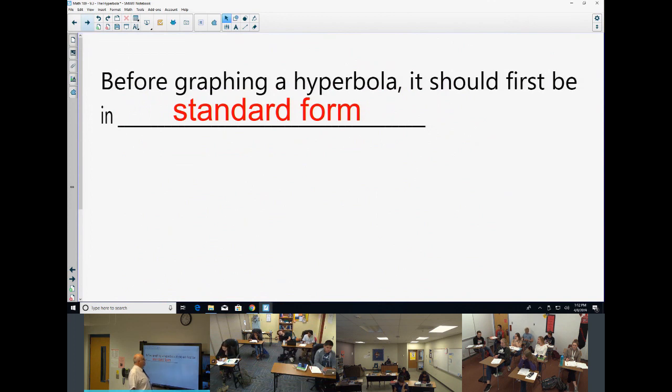Okay, before graphing a hyperbola, it should first be in standard form. We've actually had that phrase in every one of the conic sections. You need to have it in standard form before you start graphing.